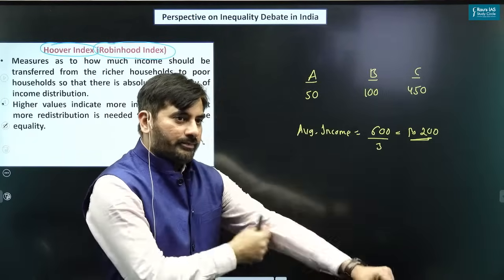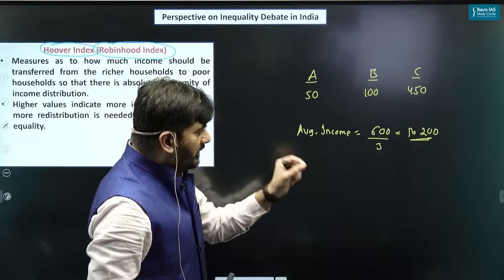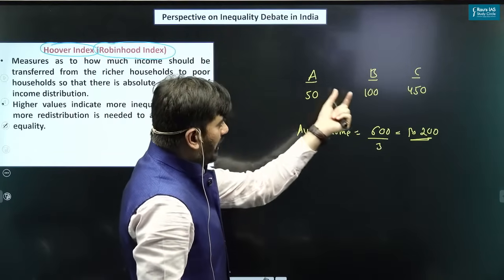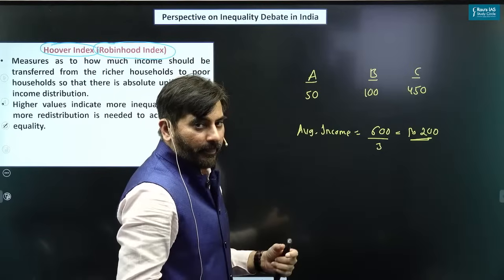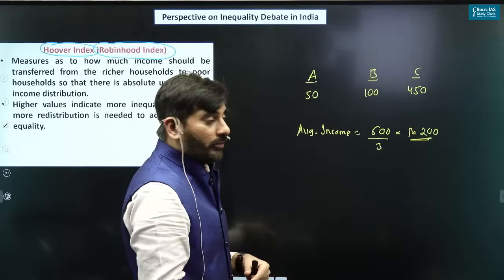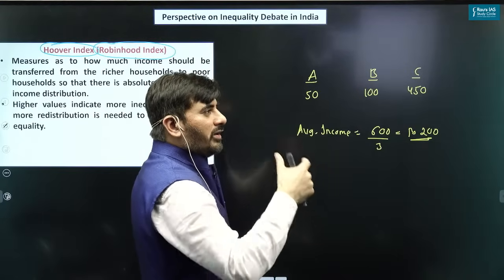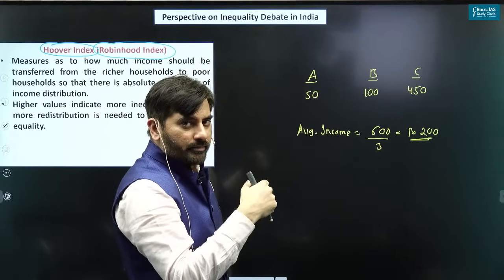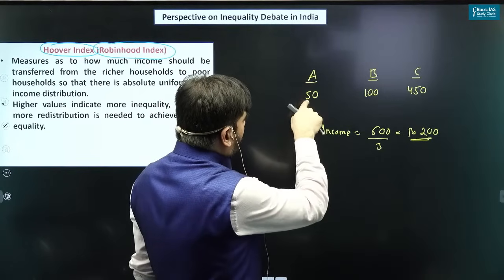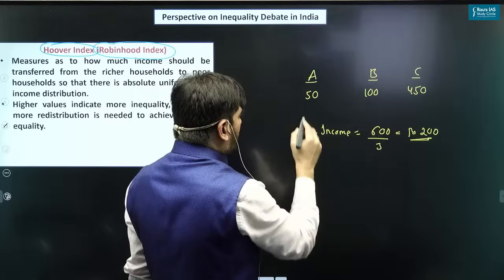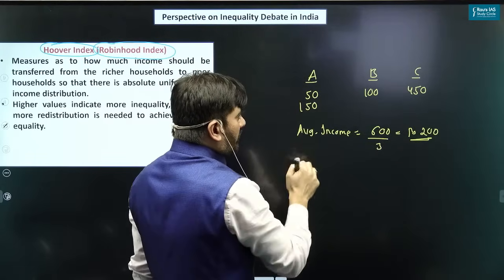Now think of it. If the average income is equal to 200, it means that every household should get 200 rupees. From where should it get 200 rupees? We have to transfer money from a richer household to a poor household, right? How much money should be transferred to household A so that its income becomes equal to 200? We should transfer 150 rupees. From where?